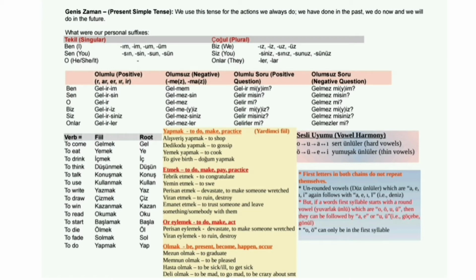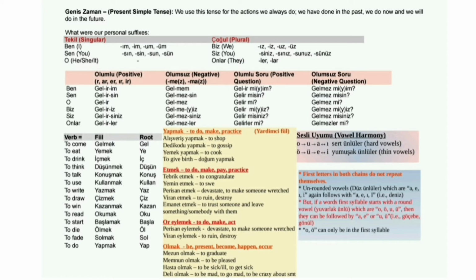So unrounded vowels, düz ünlüler, which are a, e, ı, i, again follow with a, e, ı, i. As an example, deniz. After e, we can see there is i.